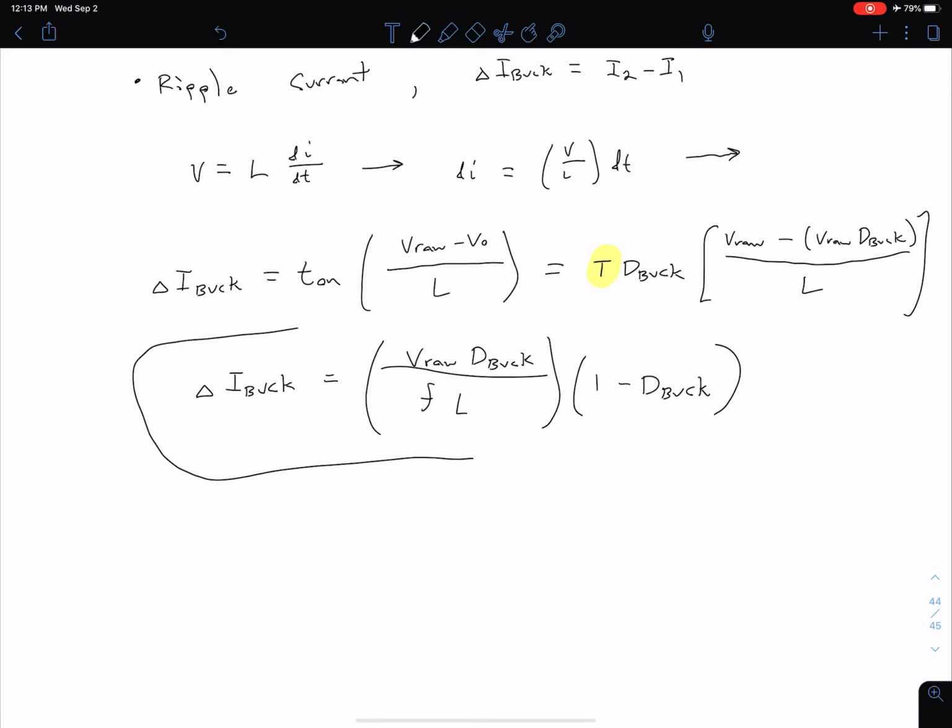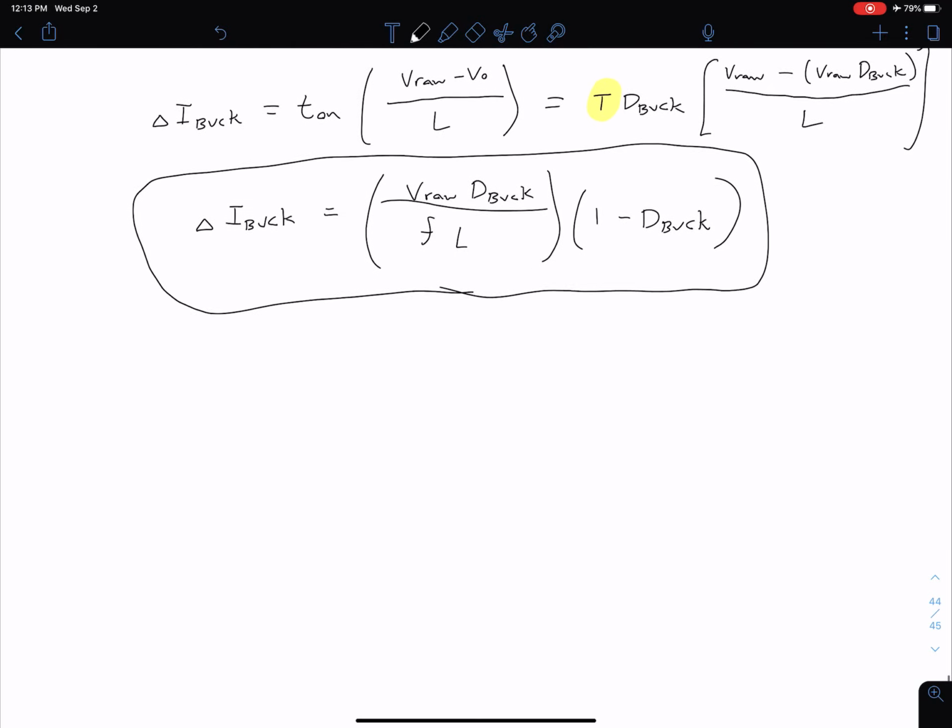So that's how we could calculate our ripple current based on our raw input voltage, our duty cycle ratio, our frequency, and we see it also does depend on the value of our inductance.